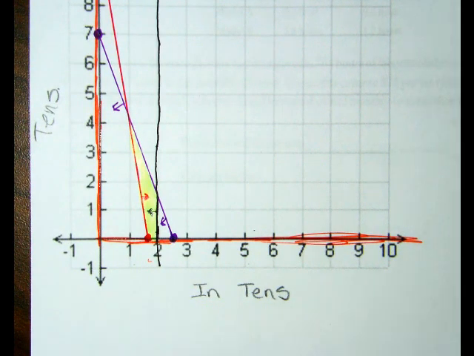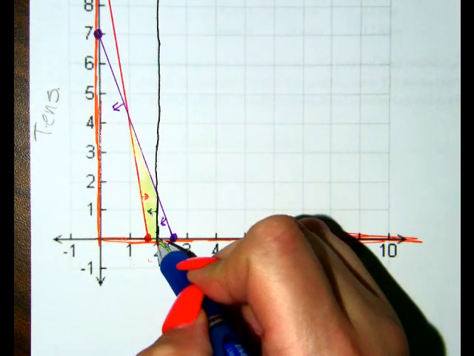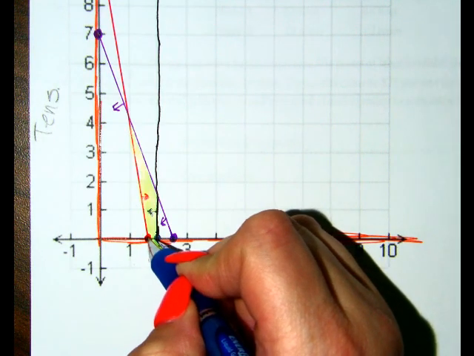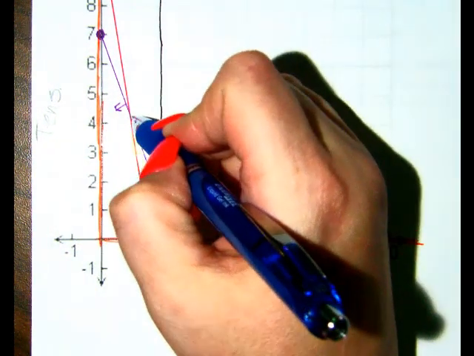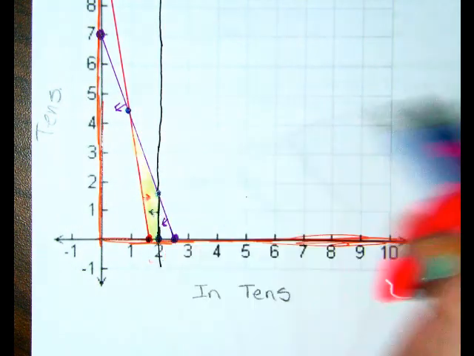Now, the last thing we have to do is find our vertices when it comes to this graph. And if I look on my graph, I see that I'm going to have a vertex right here, up here somewhere, and right here.